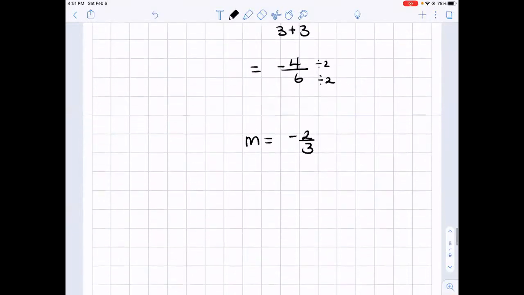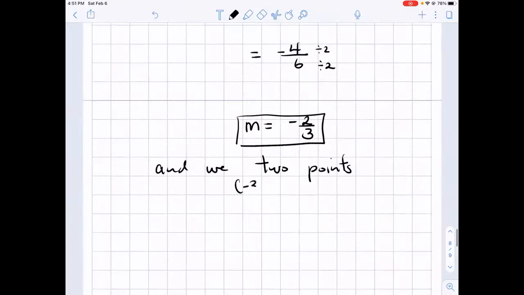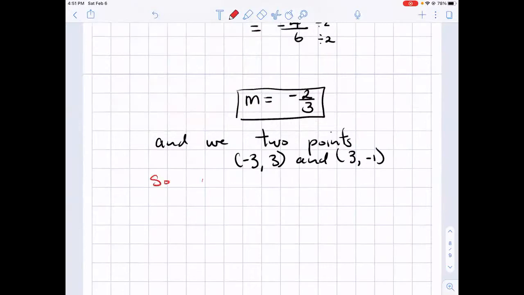So now we have the slope and we have 2 points, -3, 3 and 3, -1. So choose 1 point.